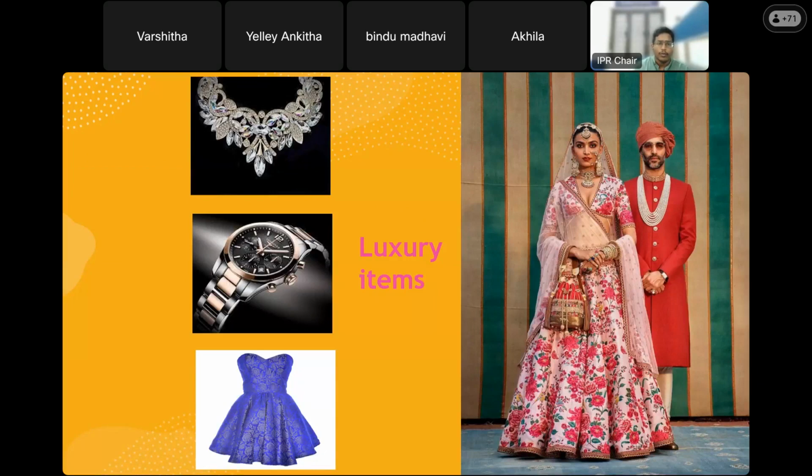If you protect this, nobody else can copy your design; unless he gets a consent from you, he cannot copy from you. So if you see so many luxury items, including dresses and attires, you can protect design on that. If you don't protect, somebody will copy that, and it is a huge loss for you because you spend a lot of time to create this design.